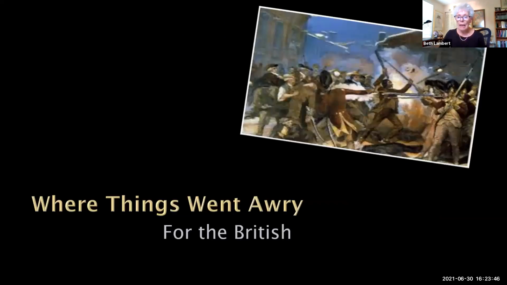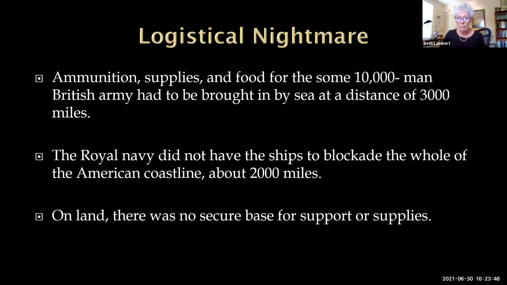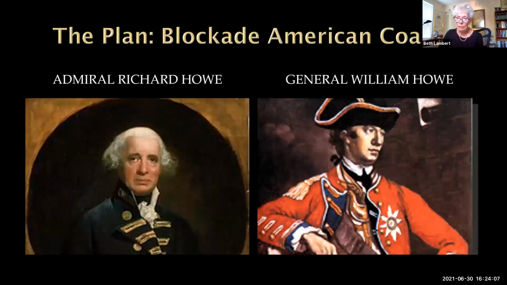Okay, where things went awry. Logistical nightmare we've talked about. The distance, and then at this point, supplies had to come up through Canada and down into the colonies where the fighting was going on.